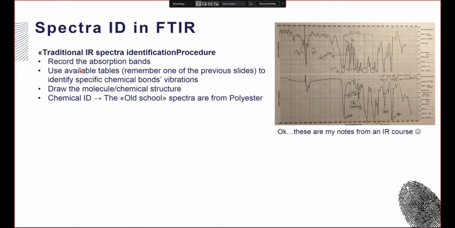And then what we have to do is to try to draw the molecular or chemical structure of the molecule. It's a bit the old school chemical identification. And in this case, after probably 40 minutes of thinking and drawing, I concluded that this was a molecule of polyester.